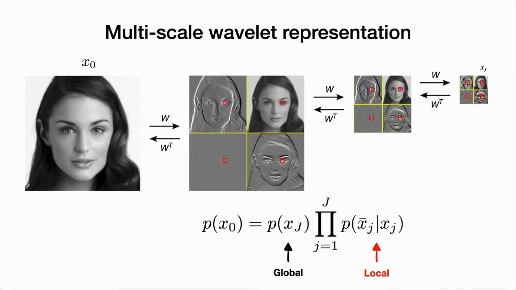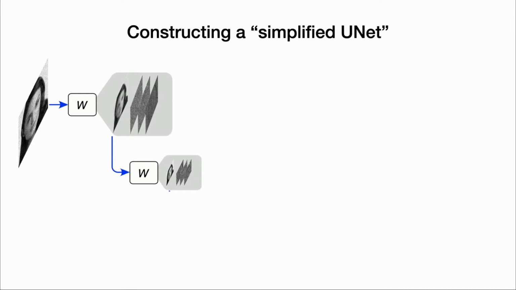Now we need to implement this. In order to implement this, we design a simplified UNet. We just replace the encoder side of the UNet that I just showed you with this operation. So you have an encoder that is linear, and the different scales are the same. So it's way simpler than the actual UNet.